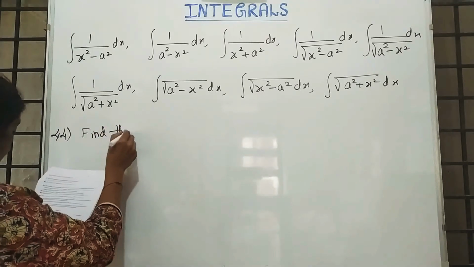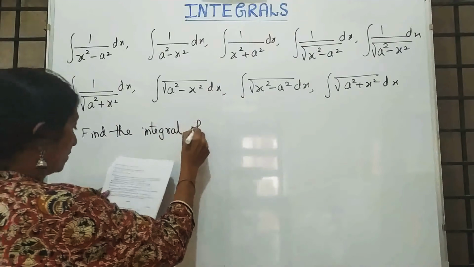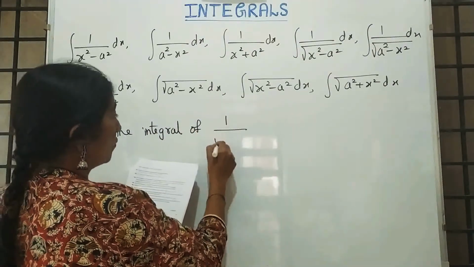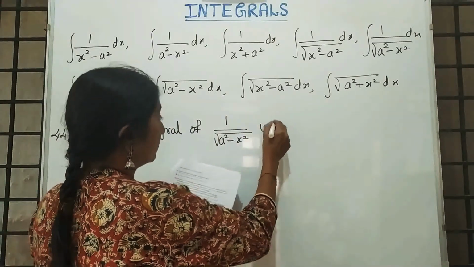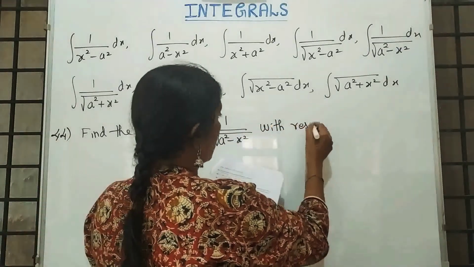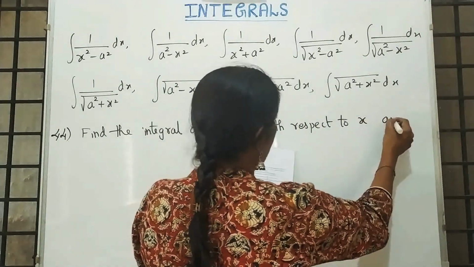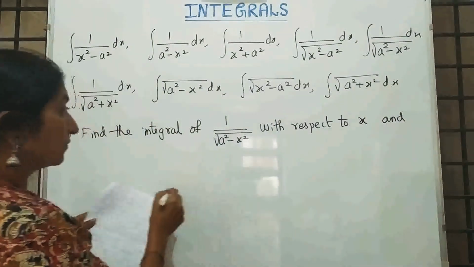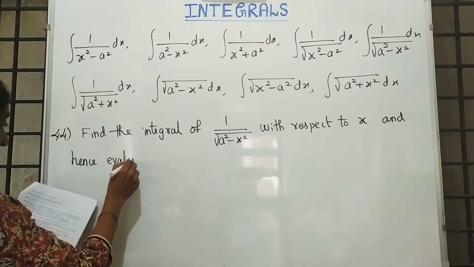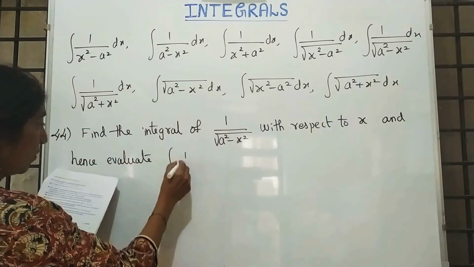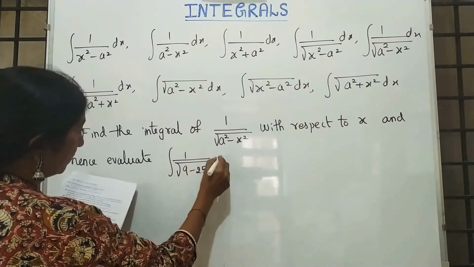Find the integral of 1 upon root of a square minus x square with respect to x, and hence evaluate 1 upon root of 9 minus 25 x square.